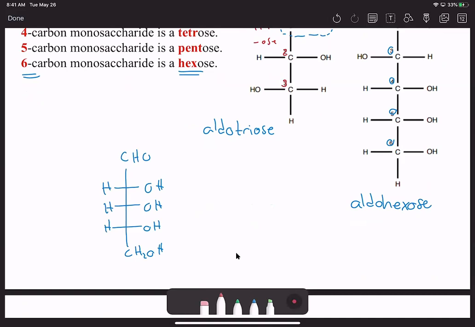Let's try. All right, so let's number the carbons. 1, 2, 3, 4, 5. All right. So 5 carbons, pentose, but it does have an aldehyde functional group. That CHO is an aldehyde functional group. It's the same as if I were to do this. CHO.